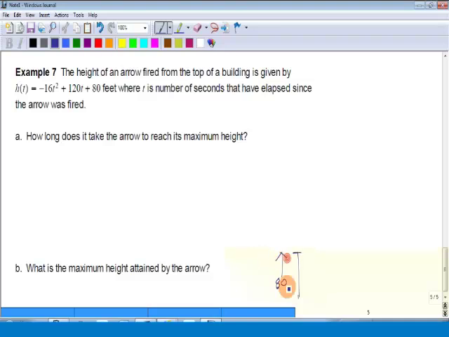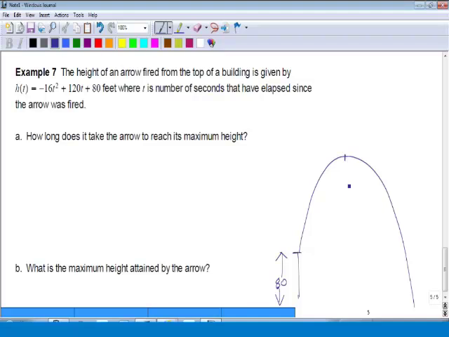And when the arrow is fired, it's going to go up. The vertical component of the initial velocity is 120 feet per second. So initially it goes up, and then it comes down. And we want to know, how long does it take to reach its maximum height, and what is the maximum height?